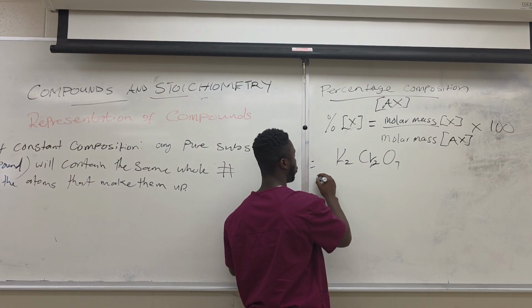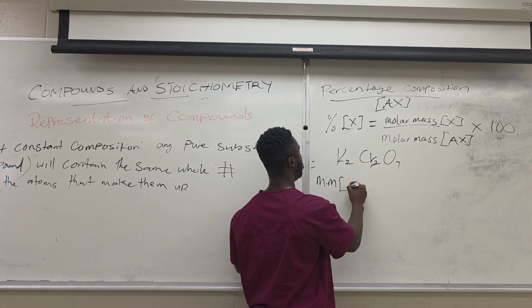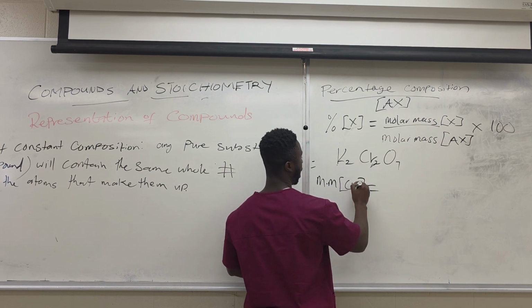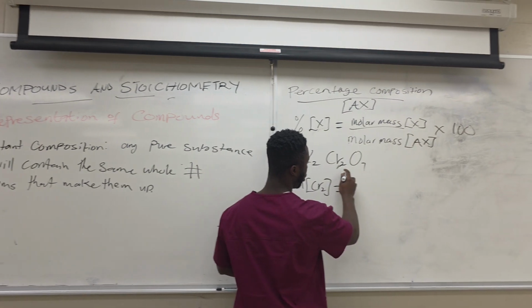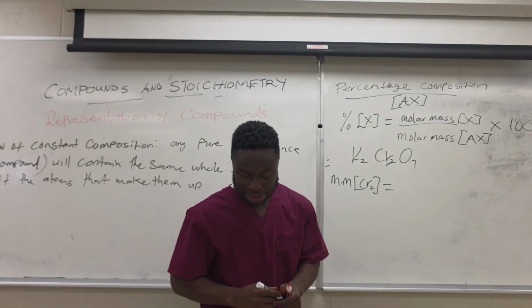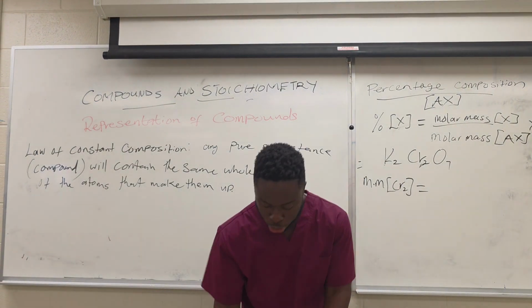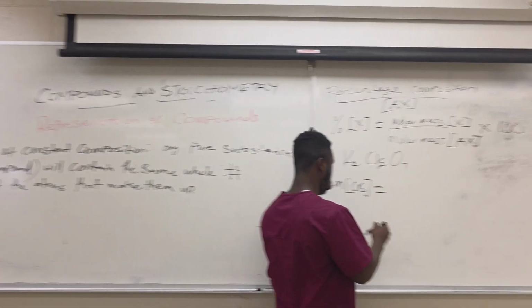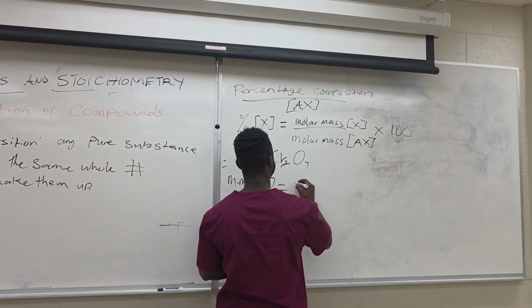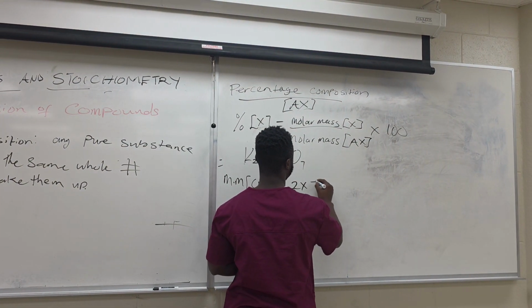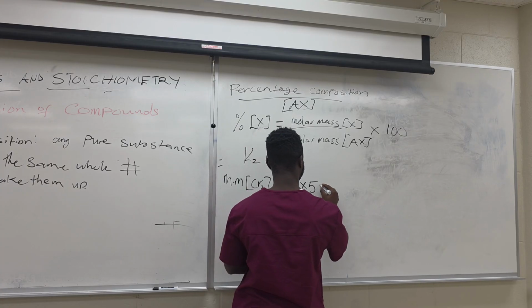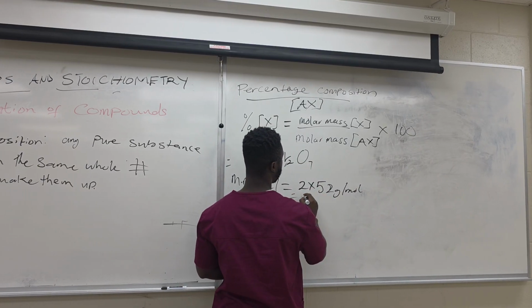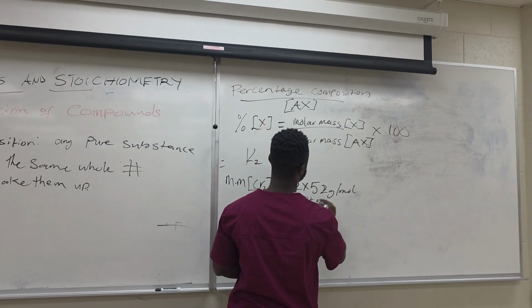The atomic weight of chromium is 52. You're going to get 2 times 52 grams per mole, and 2 times 52 will give us 104 grams per mole.